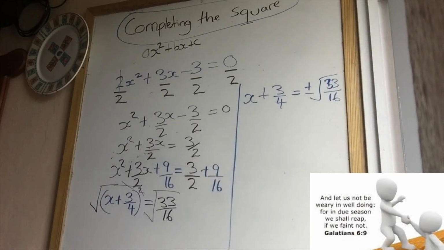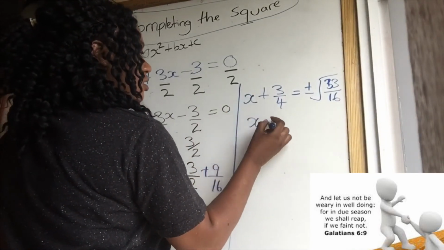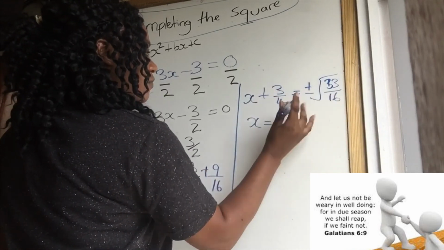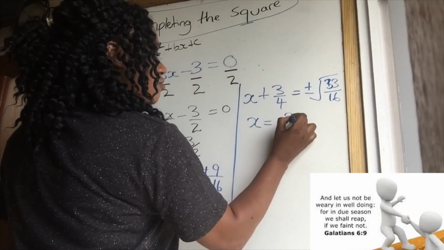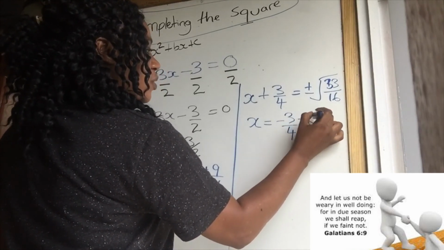We still can clean this up. So now x is equal to, bringing this over here, minus 3 over 4 plus or minus the square root.